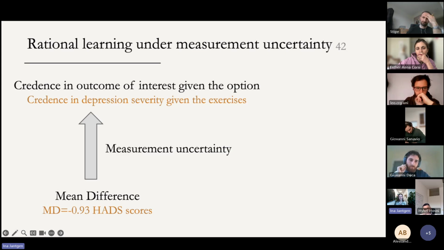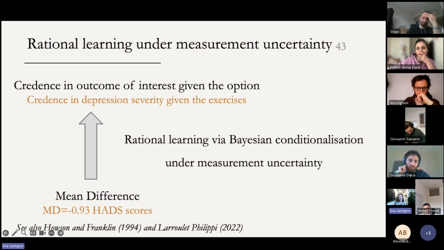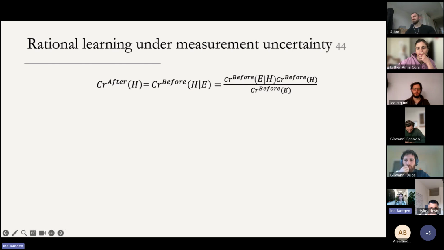So we are assuming still that the agent may be uncertain about what HEAD scores represent about depression severity, and you can take that uncertainty into account rationally. At least that's what I assume in the paper. I model this as an instance of just standard Bayesian updating, and I model measurement uncertainty. Now, in the paper, I give a very detailed story about this, but for today, I want to omit most of the details, but briefly give you an impression of what this looks like.